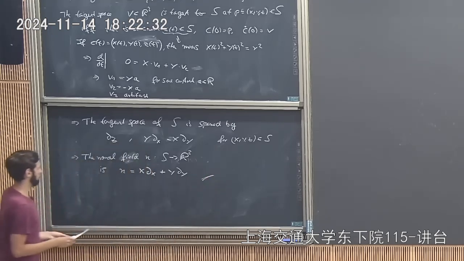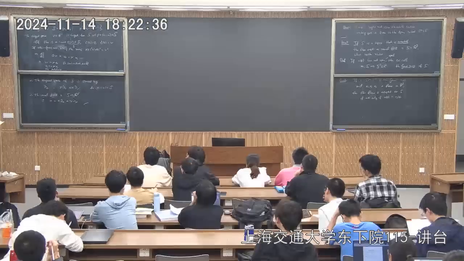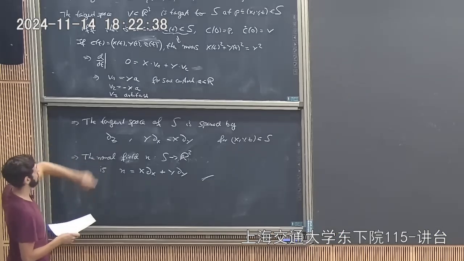It's not normalized because it has a certain norm, which just happens to be the radius.